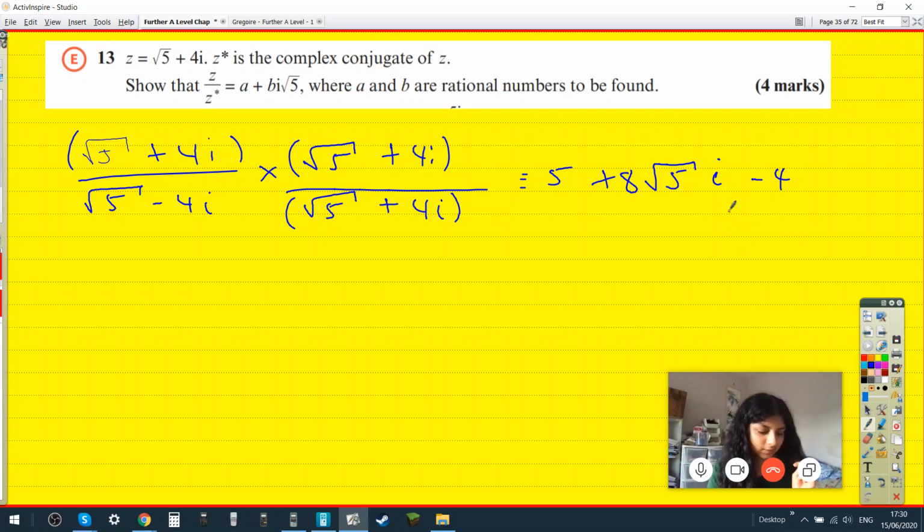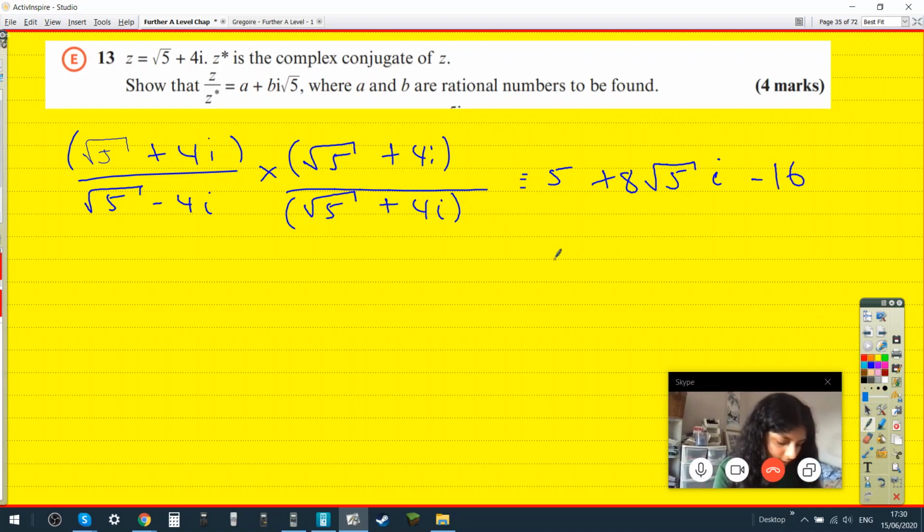That looks wrong. Why was it minus 5? I got minus 11. How'd you get minus 11? Because I got 5 plus 4 root 5i. Yeah, sorry, that's going to be minus 16. Yeah, minus 11 is correct.